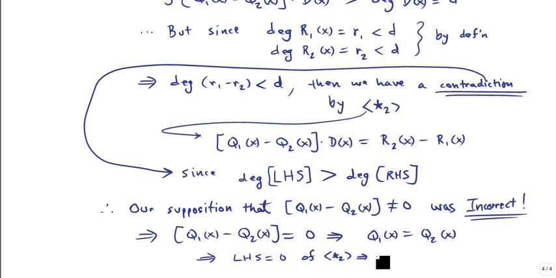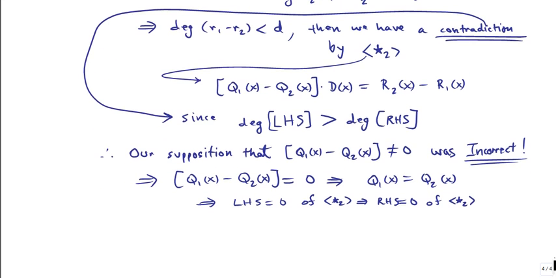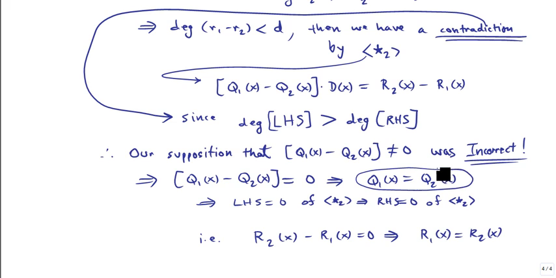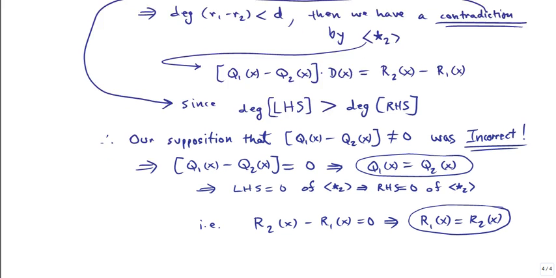This implies, therefore, that the right-hand side of star 2 is 0, which says that R2 of x minus R1 of x is 0. That means that R1 of x equals R2 of x. And so we've shown what we set out to show, that in fact there is uniqueness throughout.